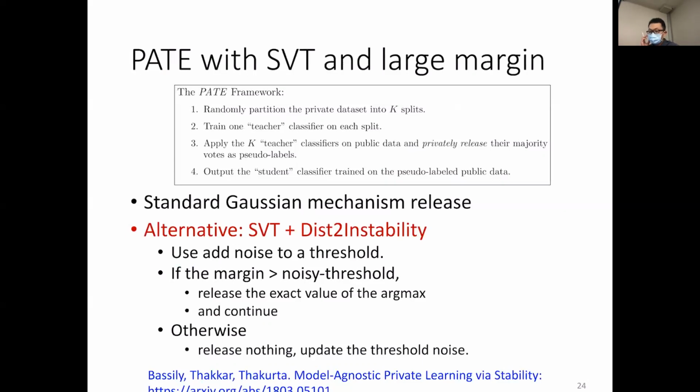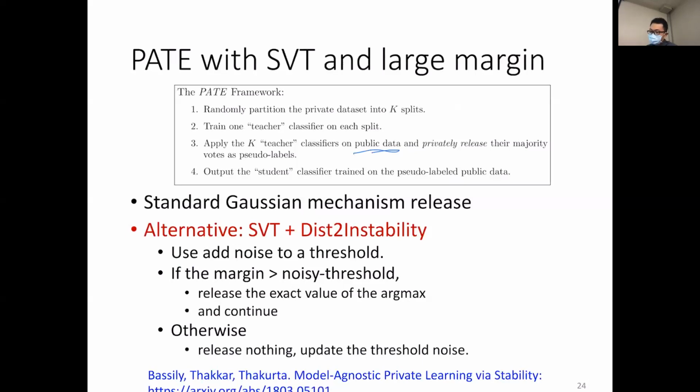Then we use this ensemble of k classifiers to privately label, through majority voting and noise adding, some available public unlabeled dataset. Afterwards, we'll have the fully labeled public data, and then we can just train a student classifier on this pseudo-labeled public data. This is the last algorithm we talked about in the differentially private machine learning chapter of the course.